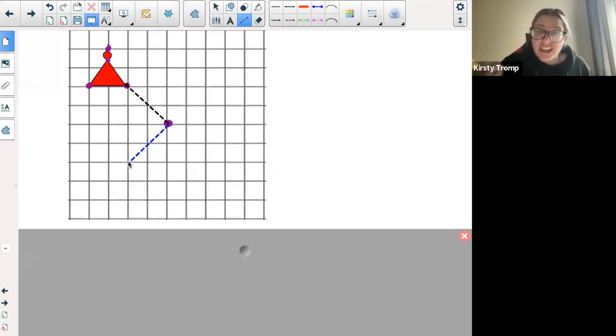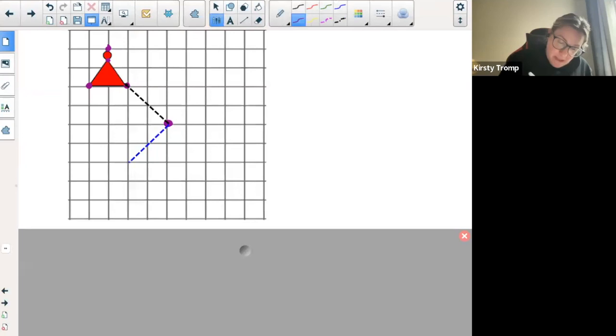I could get my protractor out and measure it, but I can roughly see that that's 90 degrees. I'm checking to make sure that it's got the same measurements. So from that point, I've got 1, 1, 2. Here I've got 1, 2, and there I draw my first point. So that's 90 degrees.